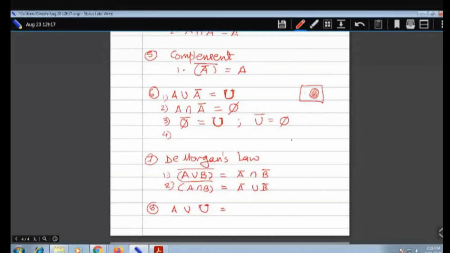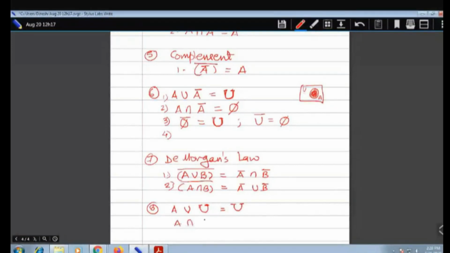If this is A and this is the universal set, the union is always going to be the universal set. And like that, A intersection the universal set: what is common between the universal set and A is nothing but A.